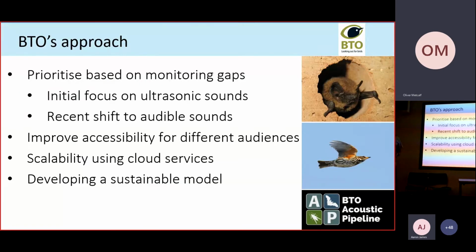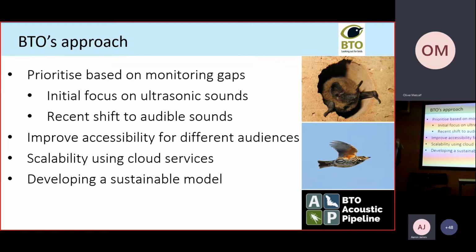So the work we've been doing over the last few years has been really focusing on these monitoring gaps. We have initially focused on ultrasonic sounds, more recently now working on more of the audible sound range. And we're trying to make these techniques available to our volunteers and other audiences.